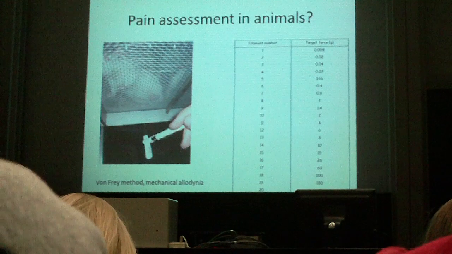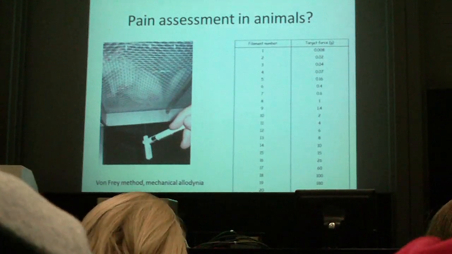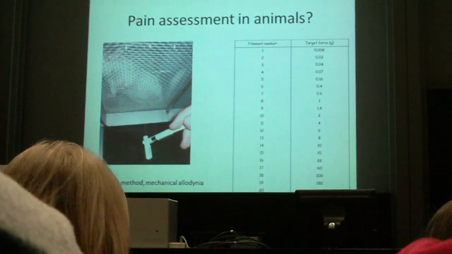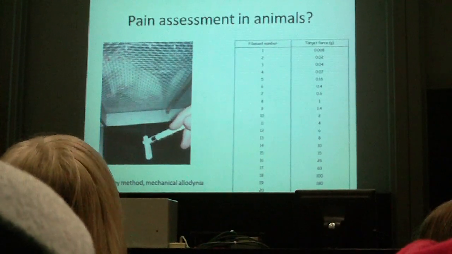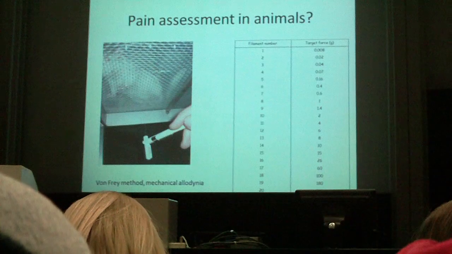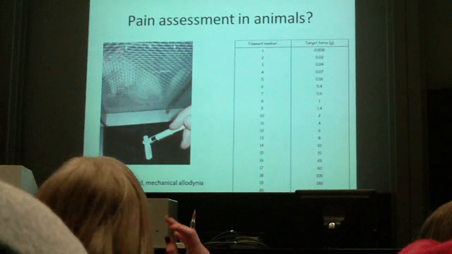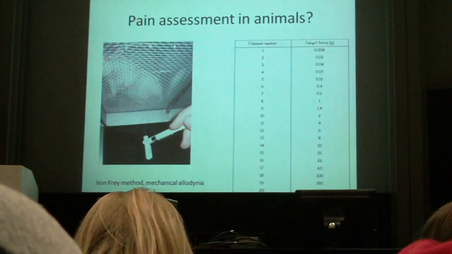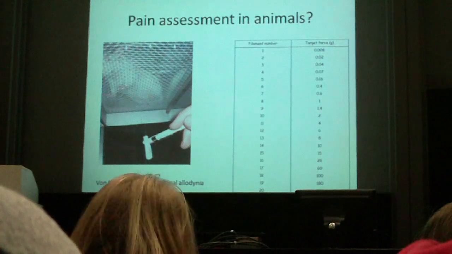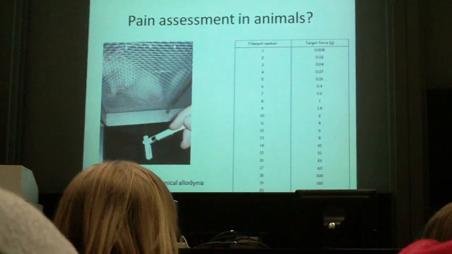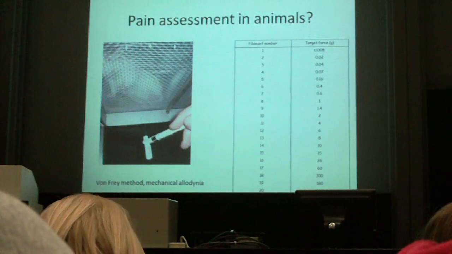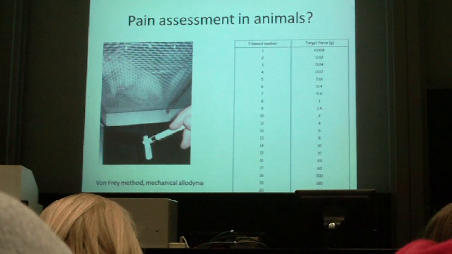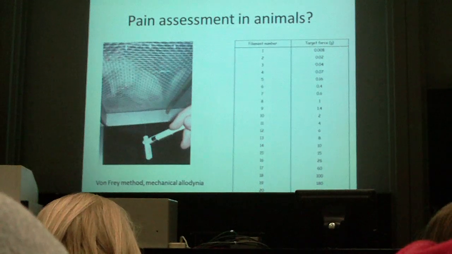Now, we can't ask that to our animals. And what we do with our animals is we have a kind of a scale based on mechanical allodynia, which means increased response to pressure. An animal which has pain will retract its paw to filaments with a much lower target force.